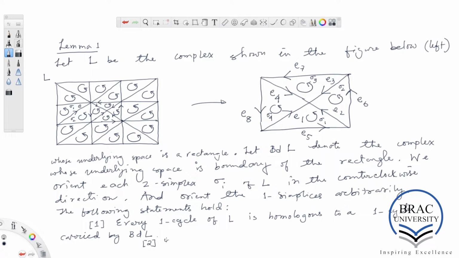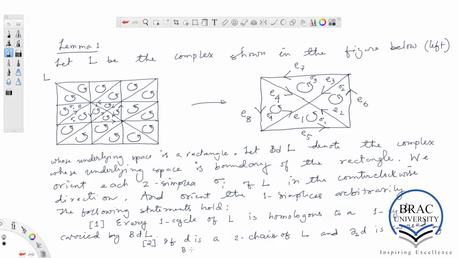is if D is a two chain of L and del 2 of D, which is a one chain, right? So after acting the boundary operator del 2 on this two chain, we'll have a one chain.